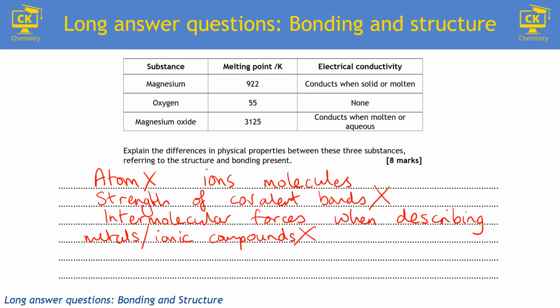It's really easy. We love the words intermolecular force. We learn them at A level. It makes us sound clever. We want to put them in, but unfortunately, even if you correctly talk about all the other electrostatic attractions, if you start talking about intermolecular forces, you are instantly going to lose at least 1 mark. So don't talk about that when you're talking about a giant structure.